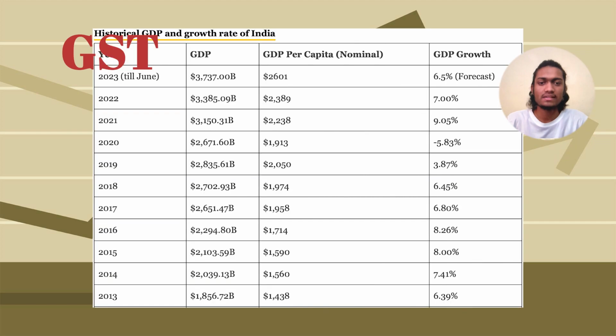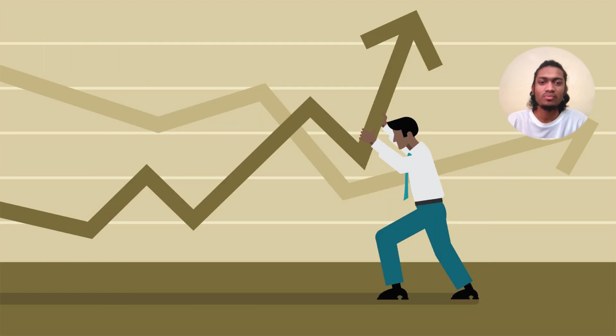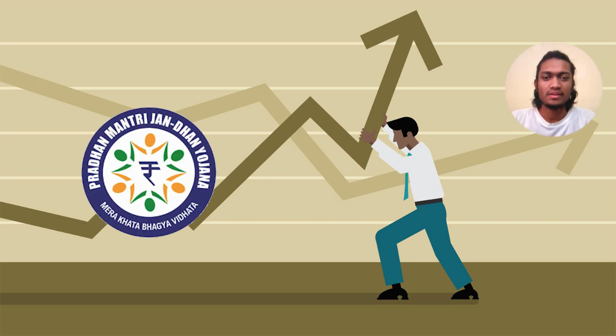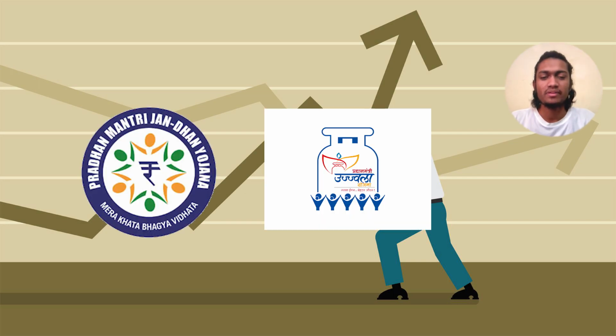The Goods and Services Tax (GST) introduced in 2017 aimed at simplifying taxation and streamlining corporate processes, but it faced criticism due to its complex process and effect on small businesses. Schemes like Pradhan Mantri Jan Dhan Yojana and Pradhan Mantri Ujjwala Yojana improved financial inclusion and access to cooking gas.